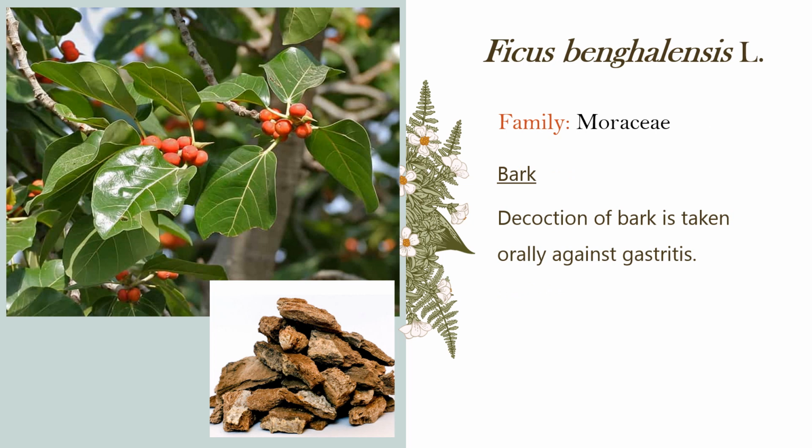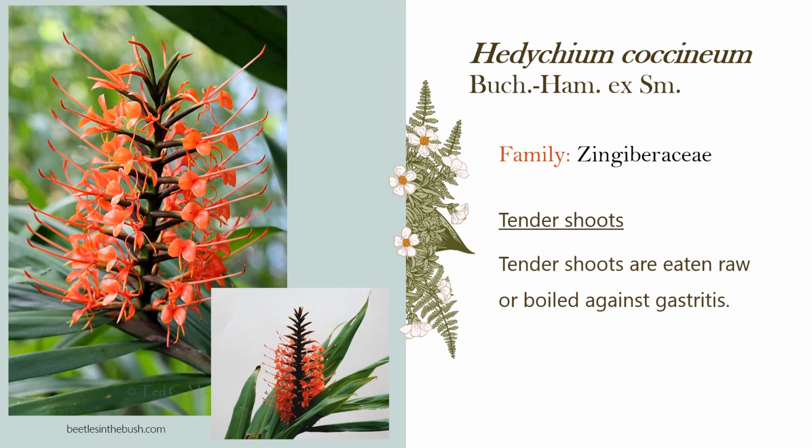Okay, this is Ficus bengalensis from the family Moraceae, and here the bark is used. The decoction of the bark is taken orally, and this reduces the problems of gastritis. So this is Hedychium coccineum from the family Zingiberaceae.